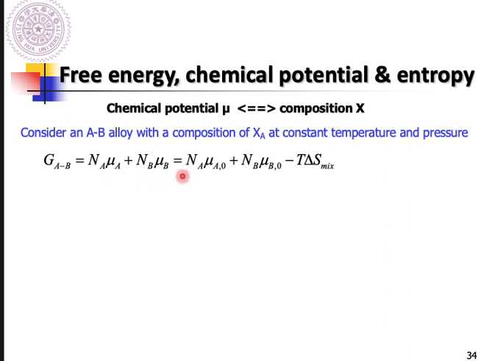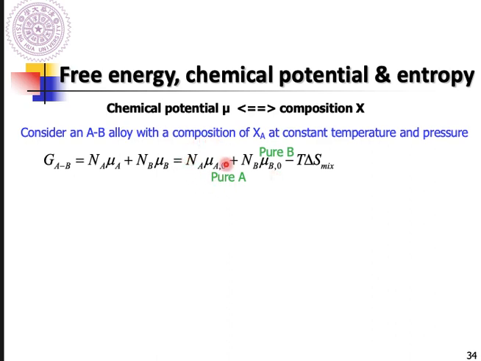And next, this will be equal to the number of atoms A times mu A0, which is the chemical potential of atom A in pure A material, plus NB, the number of atoms B, times the chemical potential of atom B in pure B material.